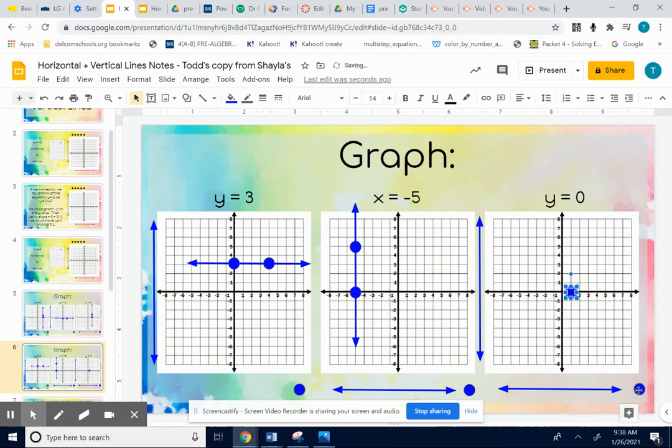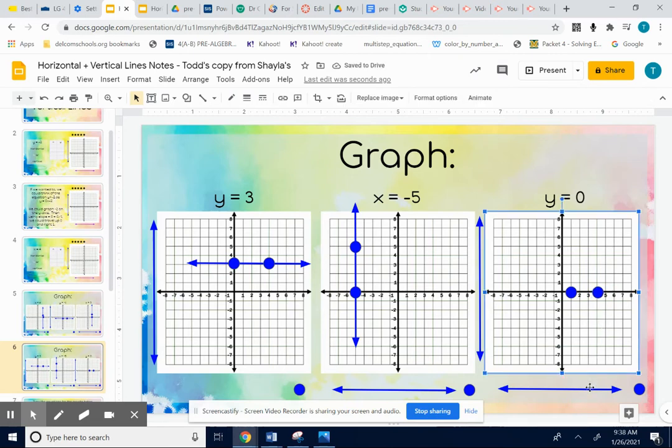What about (4, 0)? The y coordinate has to be 0. So this is actually going to be the x-axis. y equals 0 is sitting right on the x-axis. You could think of it as the x-axis.